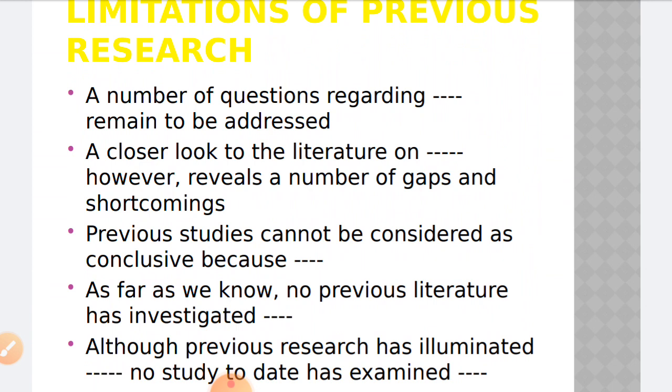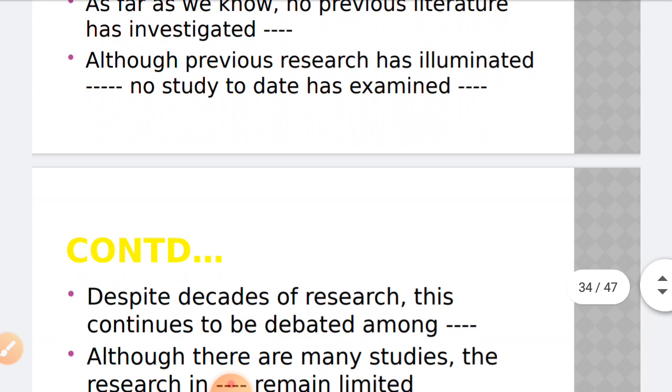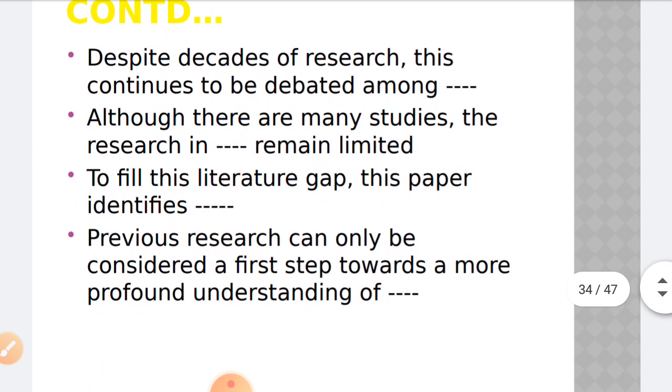As far as we know, no previous literature has investigated A, B, or C. Although previous research has illuminated so and so, no study to date has examined A, B or C. Similarly, there are other such patterns of vocabulary, phrases, word orders that can be used in this particular section of your research paper.